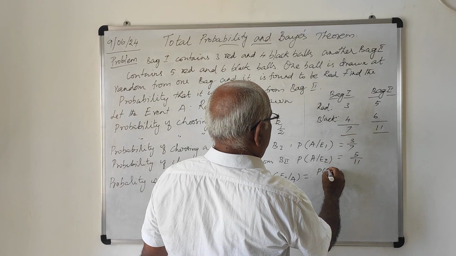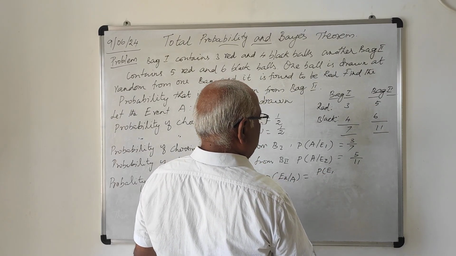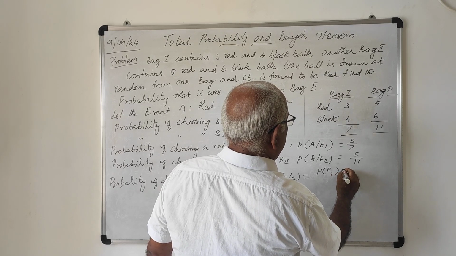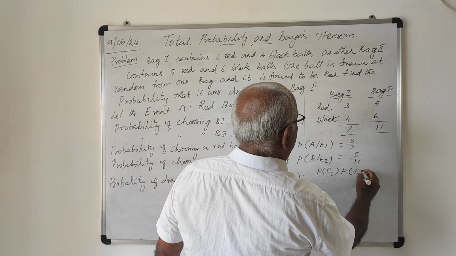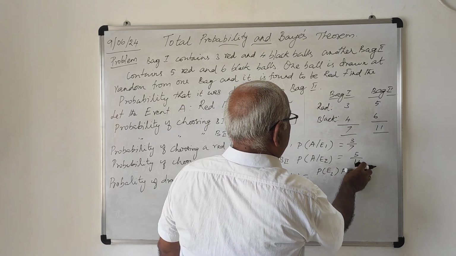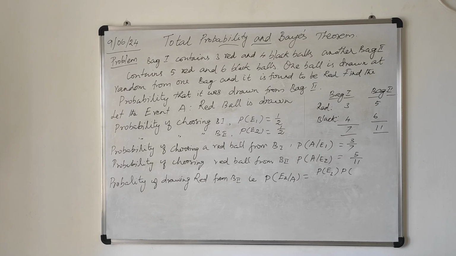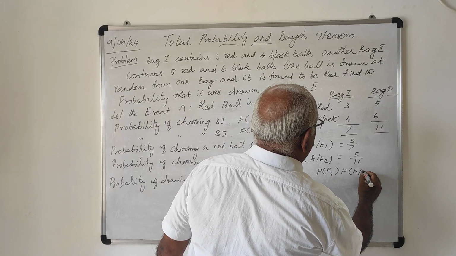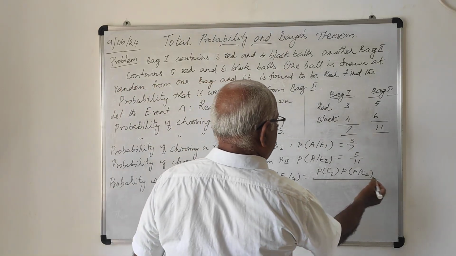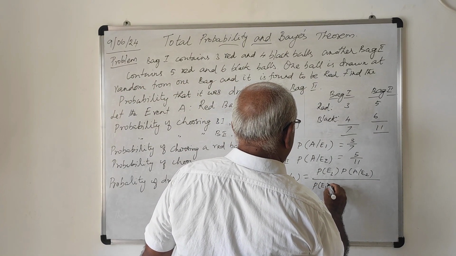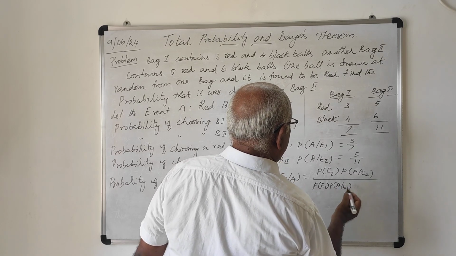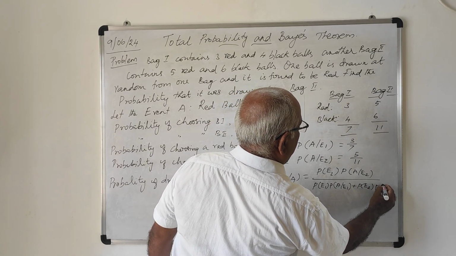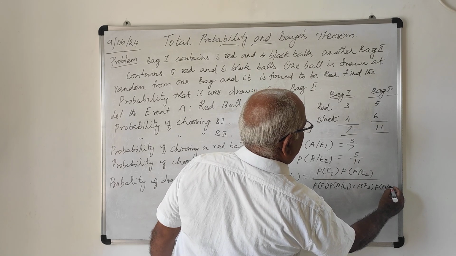Bayes theorem states that the probability of E2 by A is the probability of E2 into probability of A by E2, divided by the total probability P of A, that is, probability of E1 into probability of A by E1 plus probability of E2 into probability of A by E2.